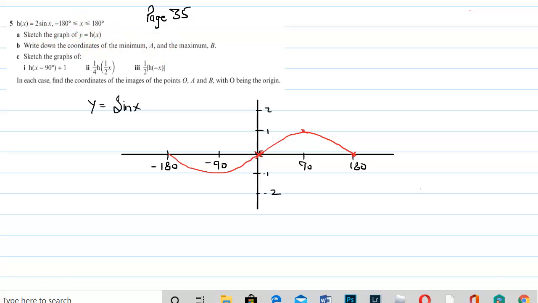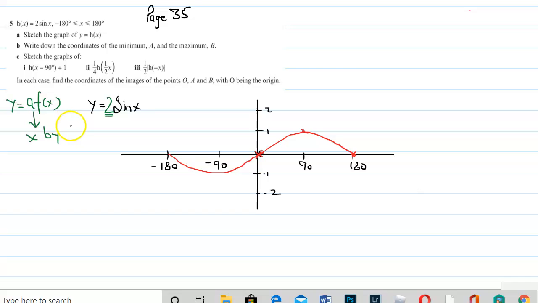But what we need here is 2 sin x. When 2 is in front, it is a function of y equals a f(x), and I hope you remember that this number is supposed to be multiplied by the y coordinate. So here the y coordinate is 0, the y coordinate is -1. -1 times 2 is -2.